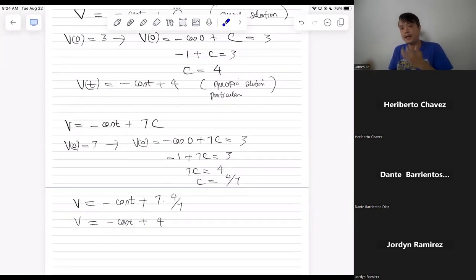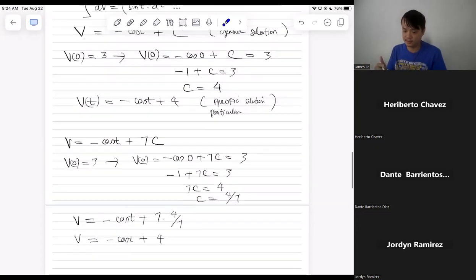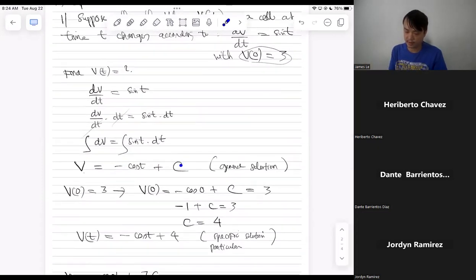So the constant, you can replace by another constant. Right here you see the constant, and you can replace it by another constant. Also C minus C1, whatever, they are constants that only depend on the initial condition, and you can replace them by a new constant.